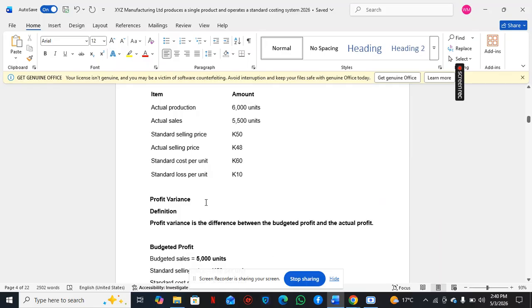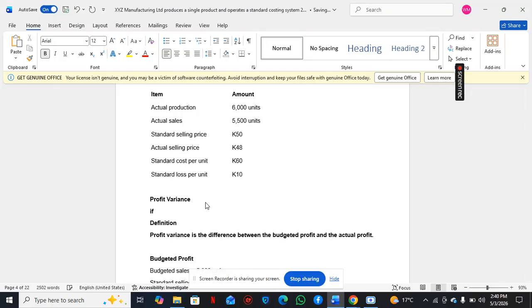So for this profit variance, if the budgeted profit is greater than the actual profit, you did bad.